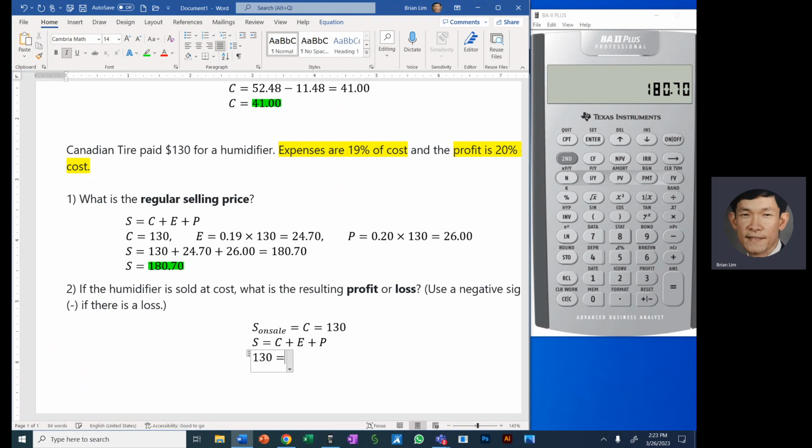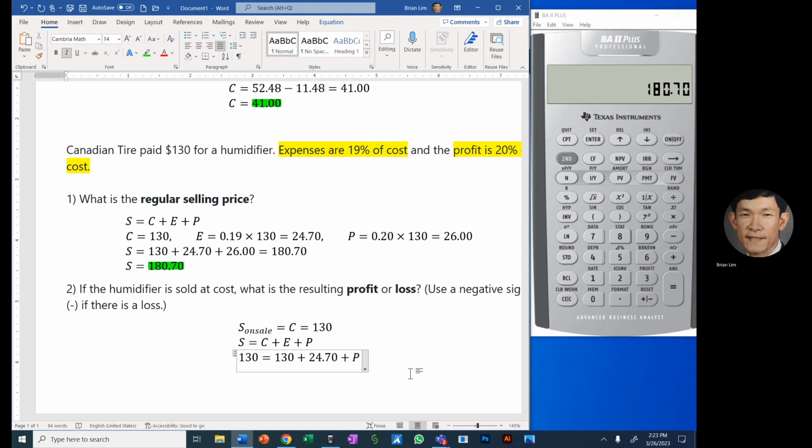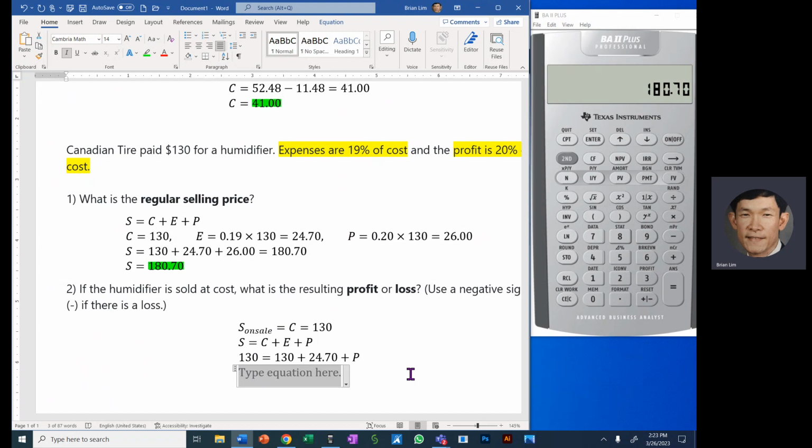So 130 is equal to 130 plus expenses 24.70. I'm getting that number from right here. That was the expenses. And then the profit, well, you want to see what is the resulting profit or loss. So we'll just put in plus P. All right, so what is P? Well, it's easy to see that there will be a loss.